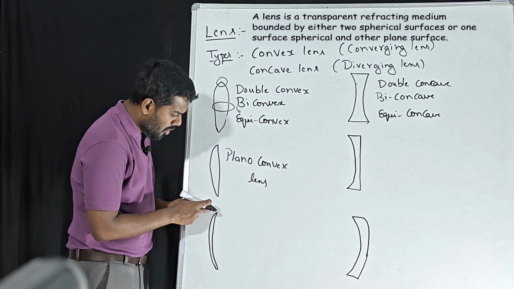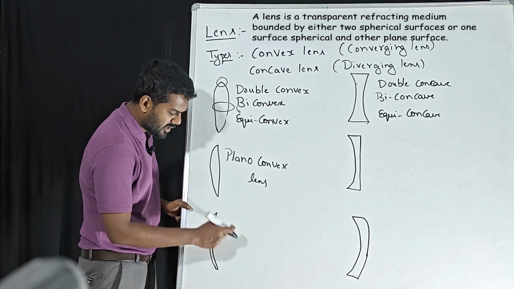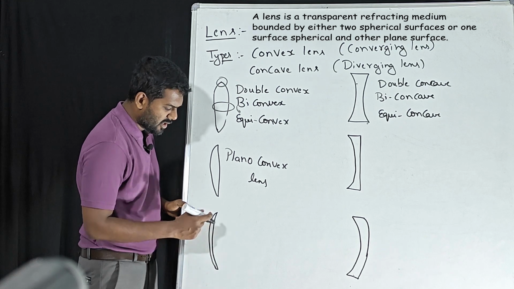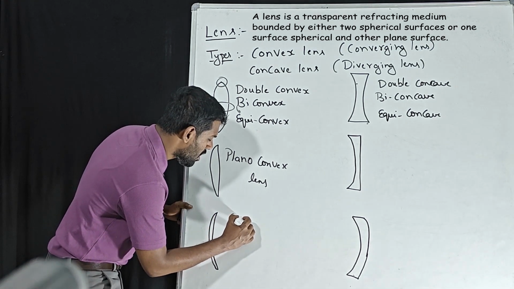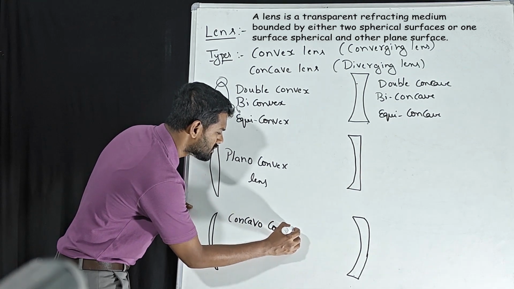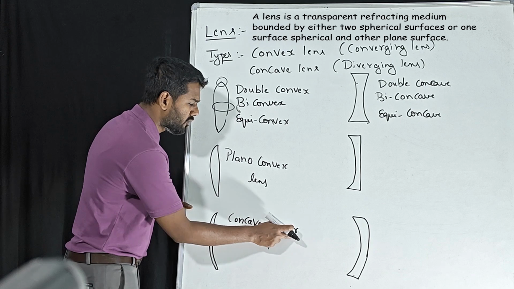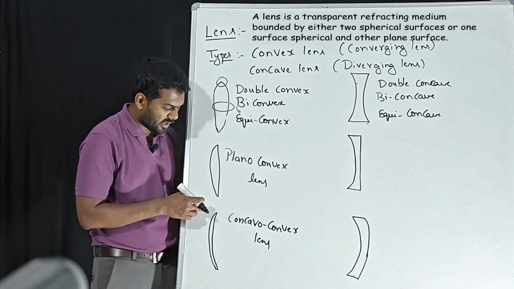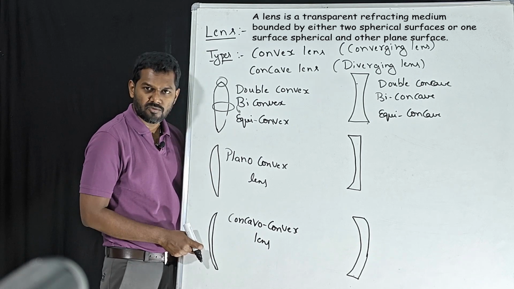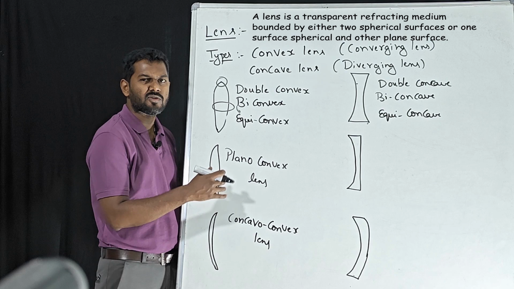Here one surface is bulging, the other surface is inward, so this is called a concavo-convex lens. Even though we are talking about convex lenses here, the main types of convex lens, it is not called a convexo-concave lens.